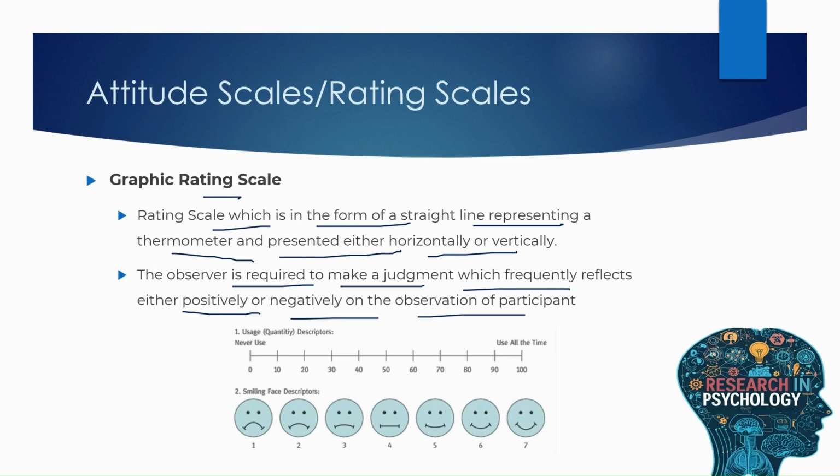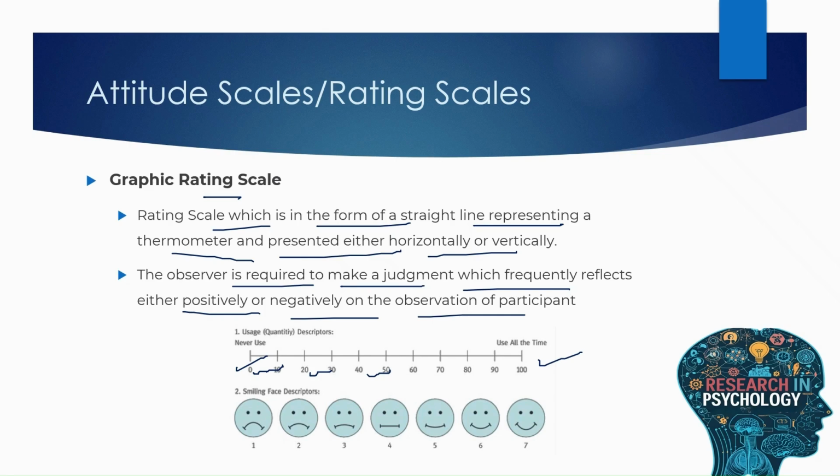So you can see this here. This is one kind of graphic rating scale where 0 is never and 100 is all the time. Here it's not 1 to 10, it's 0 to 100, and between each interval there is a gap of 10 units, right? There are smiley face descriptors also, if you can see here.